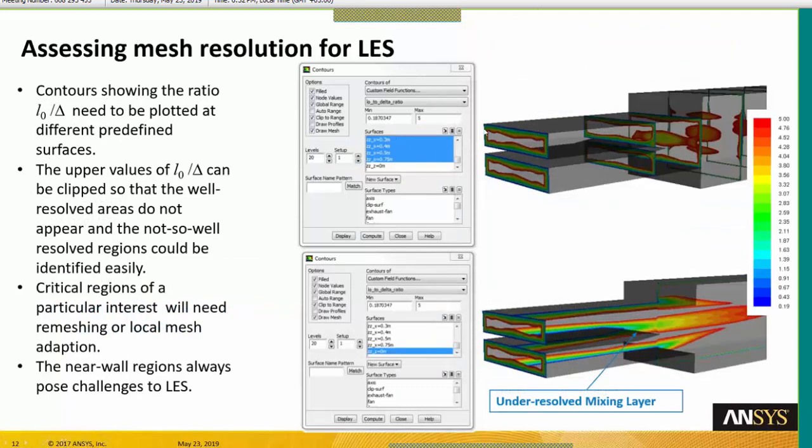Based on this ratio, the user can assess the correct resolution for the calculation. The idea is to have a ratio above 5. Here, for example, you see that you have under-resolved the mixing layer and the ratio is well below 5, so you need to refine this calculation.